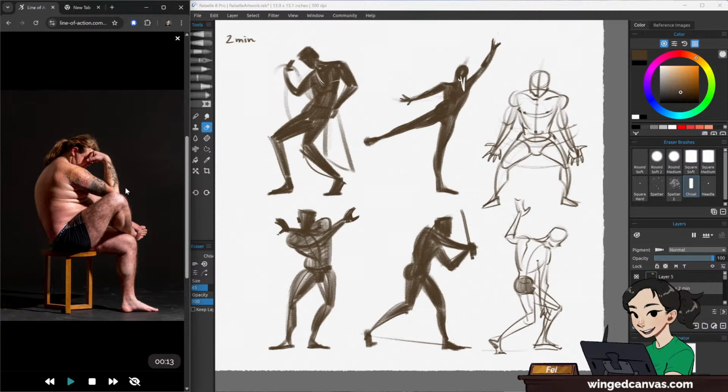When you get an ambiguous subject, not your typical figure drawing subject, someone who's lean and muscular and all that stuff, this is when it becomes a little bit more challenging. So let's do this one.